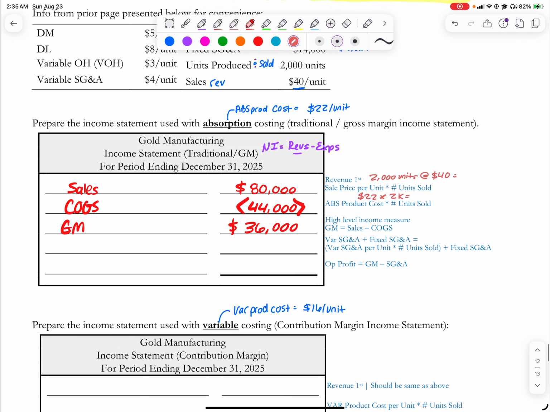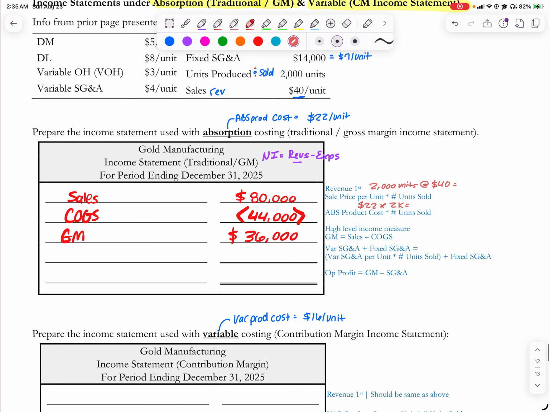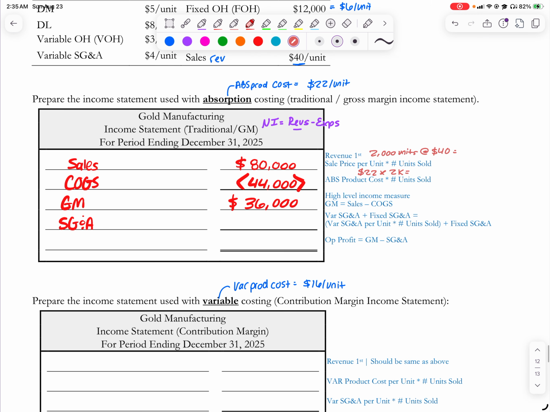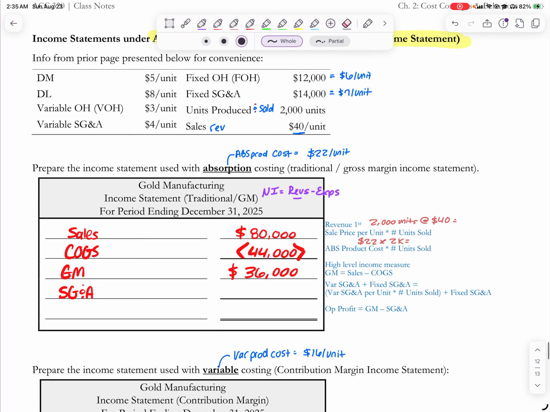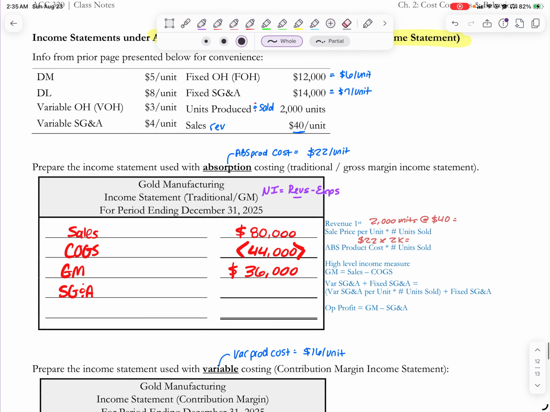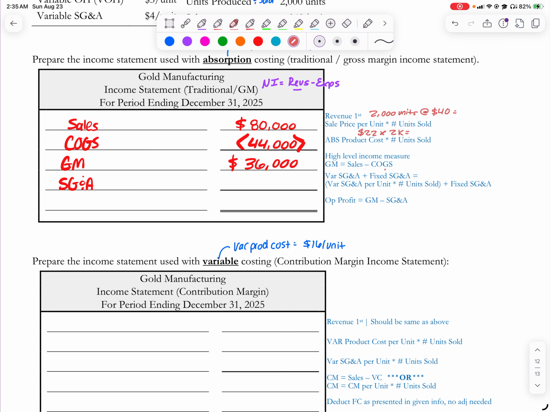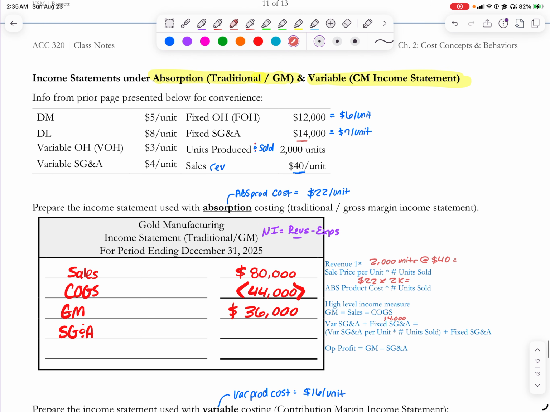Then I've taken care of cost of goods sold. I need to deduct the rest of my expenses. So I need to remove SG&A. Note I'm not classifying it as variable or fixed. It just says SG&A, which means that I want both variable and fixed SG&A locked in together. So total fixed SG&A had been 14,000.